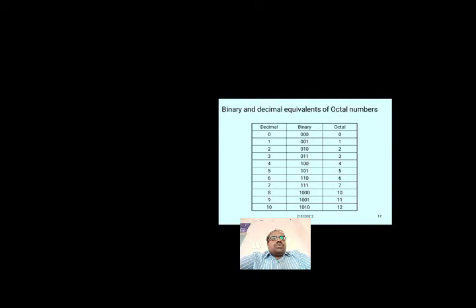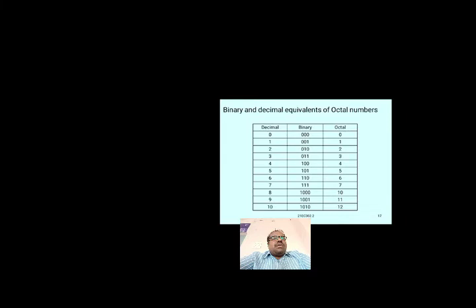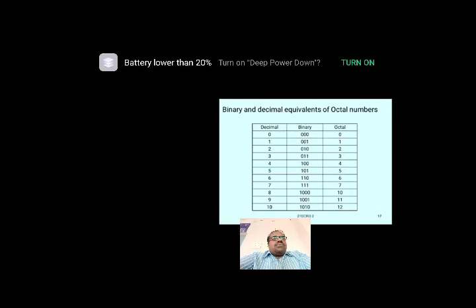For 2, 010, octal value is 2. For 3, 011, octal value is 3. For 4, 100, octal value is 4. For 5, 101, octal value 5. For 6, 110, octal value 6. For 7, 111, octal value 7.